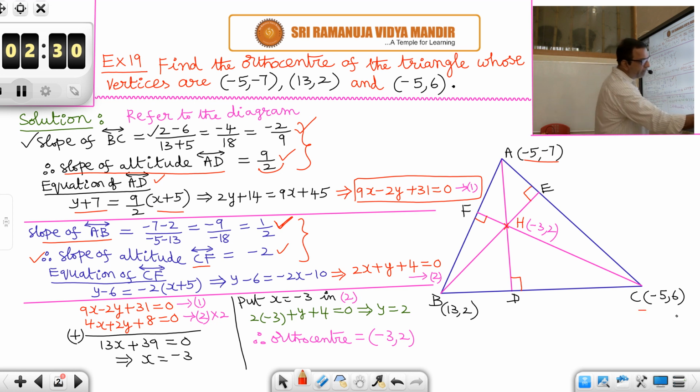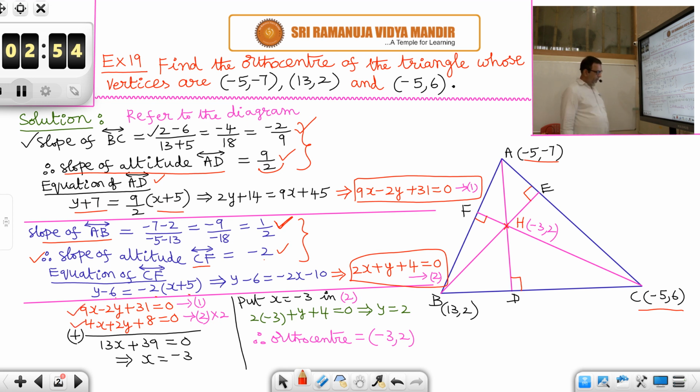Now point slope form. Point is C, minus 5 comma 6, and slope is minus 2, so you can find the equation: y minus y1 is equal to m into x minus x1. So that is the second equation, altitude CF. Solving them you get the orthocenter. First equation as it is I have taken, but the second equation I have multiplied by 2.